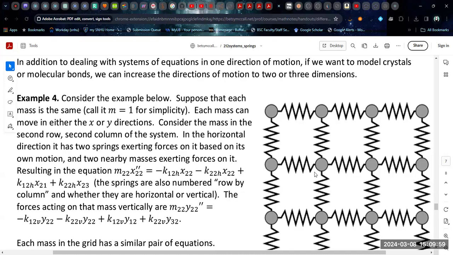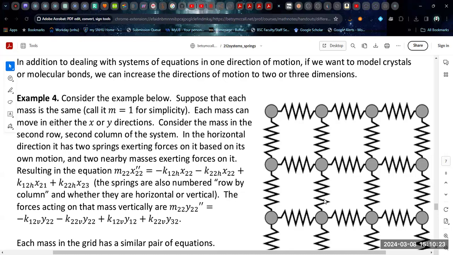As this position moves, this spring will have an effect. But if this particle also moves, X21, then that spring is also going to have an effect. And if this particle moves, that spring here is also going to have an effect based on that motion.